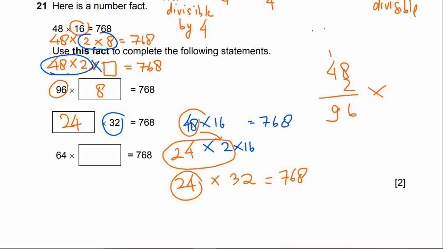Last is 64. Again, this one is 48 times 16 equals 768. Now how to get 64? We know 64 is 16 times 4. So we have to break this up into something times 4 times 16.